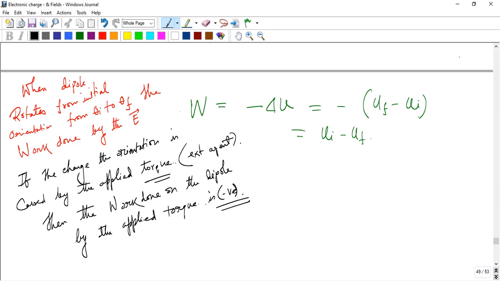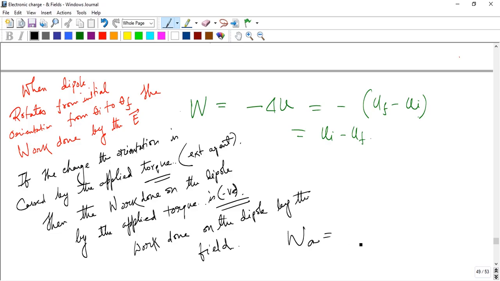Torque is negative when the work done on the dipole by the field, that is W, is also a minus W opposite, that is final minus initial in that case actually.